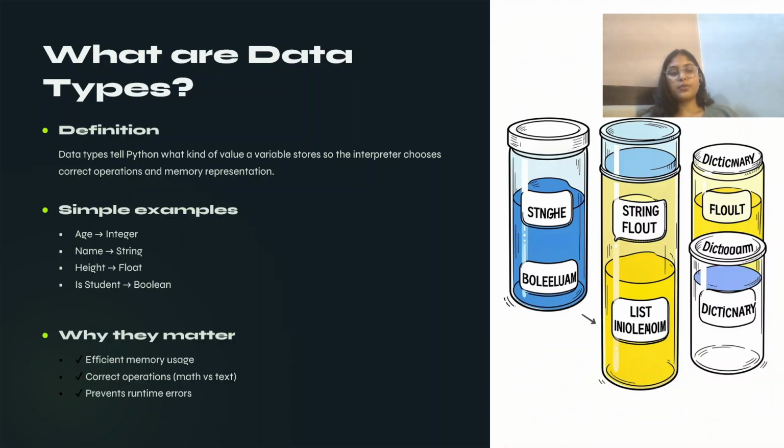Similarly, different data types require different memory. Again, correct operation. String addition is completely different from number addition. You will understand this in the upcoming lectures because Python behaves according to the data types. It's a very important point, so please remember it.